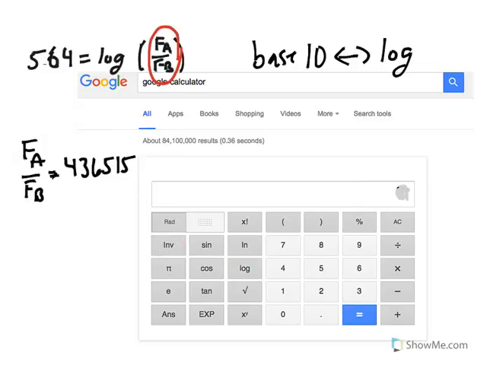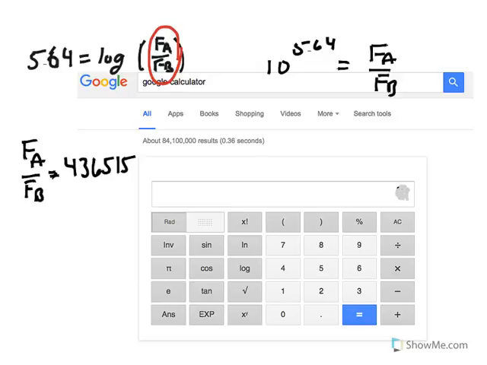Now let's look at another way to solve it using our calculator. Since we know log is base 10, what we can do is rewrite this equation on the left to 10 to the 5.64 power, and that should equal the flux of A divided by the flux of B. So now what you're going to do is type 10 in your window.